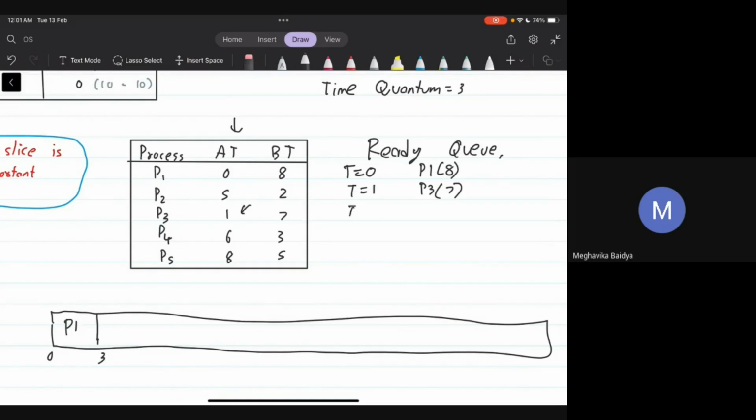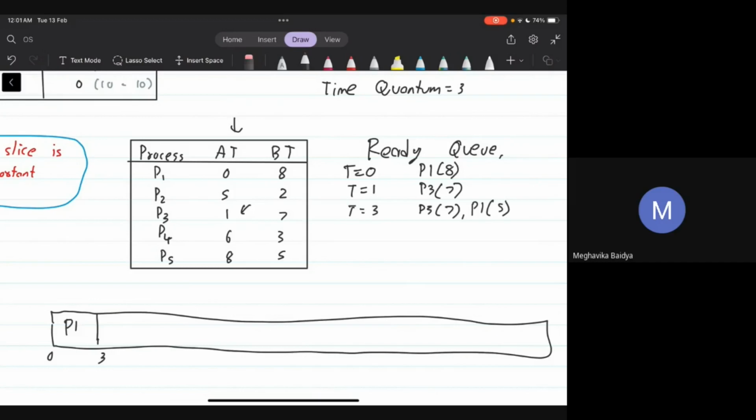You won't interrupt the CPU because P1 is already executing. At t equals 3, you have P3 of 7 and then P1 of 5.